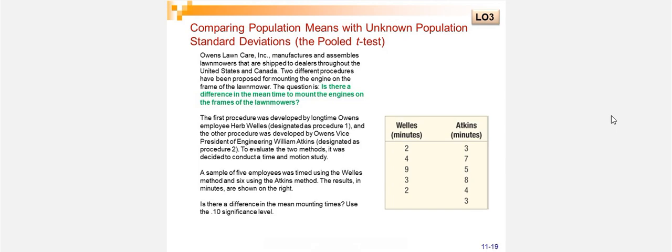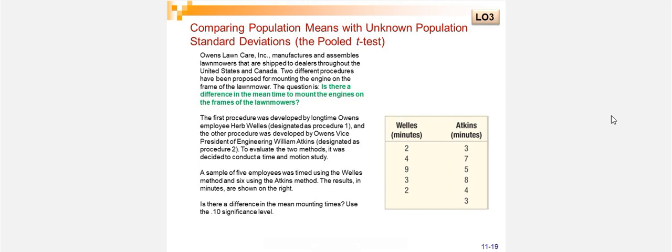The first procedure was developed by longtime Owens employee Herb Welles, designated as Procedure 1, and the other procedure was developed by Owens Vice President of Engineering William Atkins, designated as Procedure 2. To evaluate the two methods, it was decided to conduct a time and motion study.